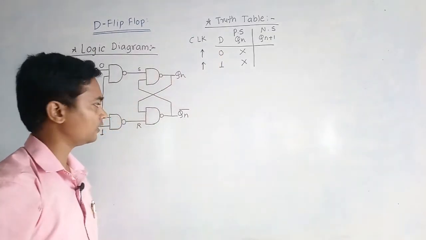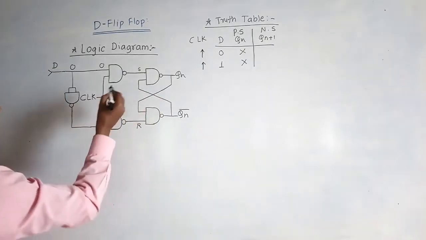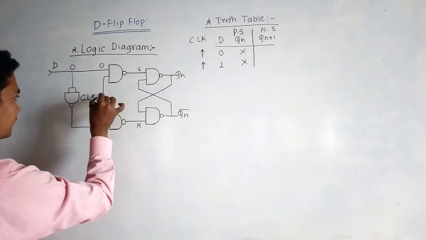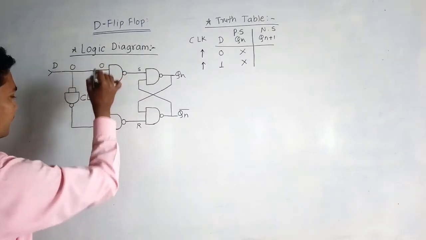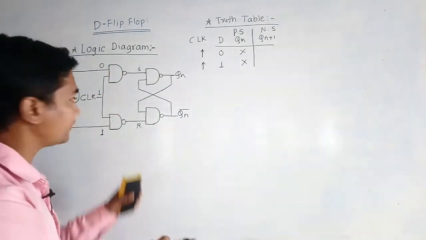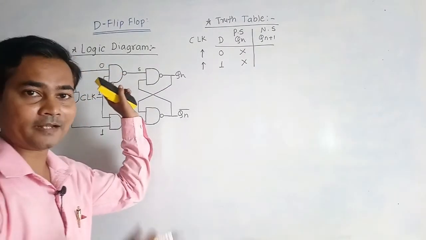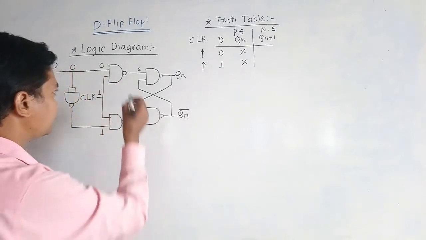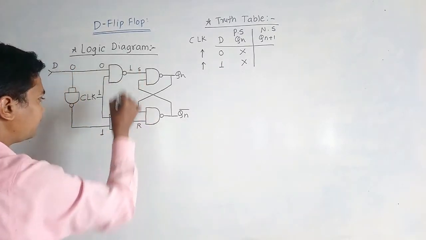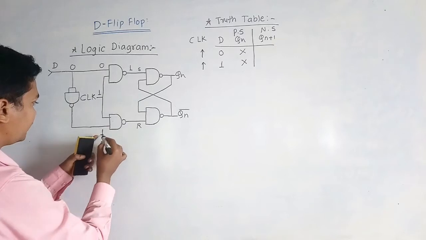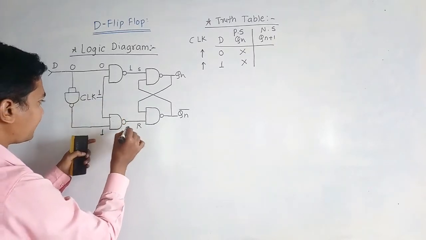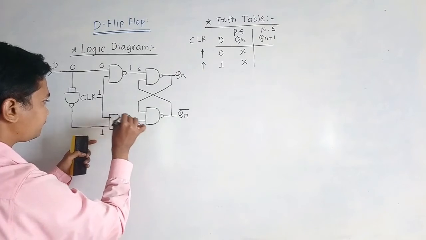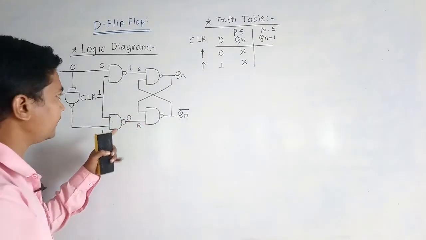If any input of a NAND gate is 0, then the output of the NAND gate will become 1. So here the 1 will arrive, and due to this 1 and 1, the 0 will arrive here.